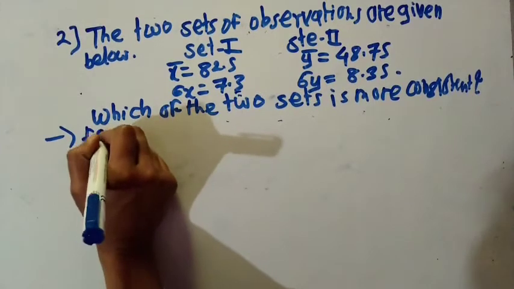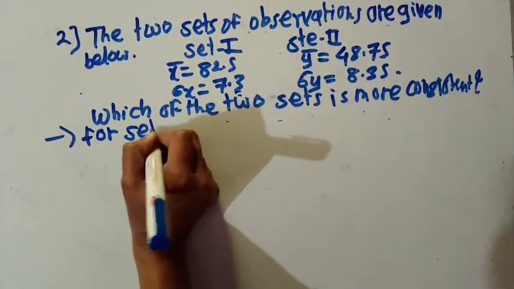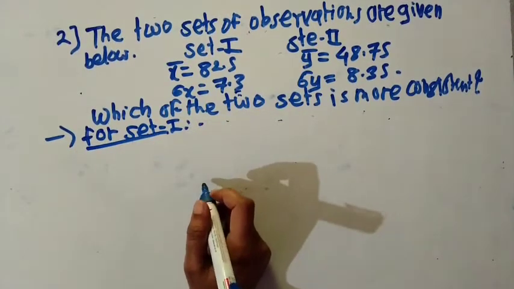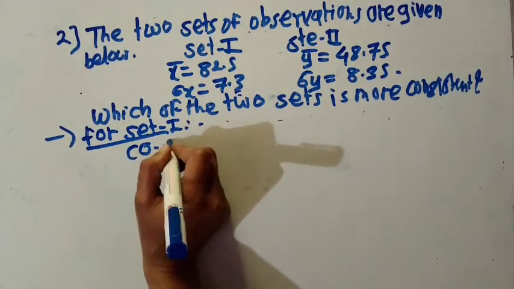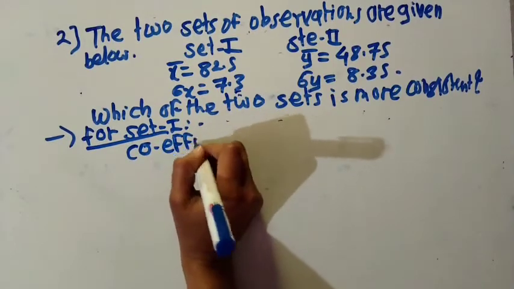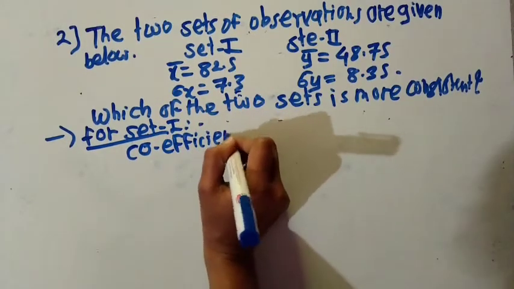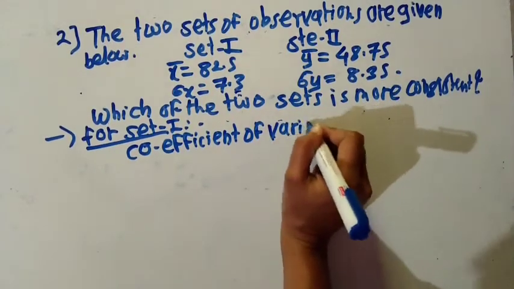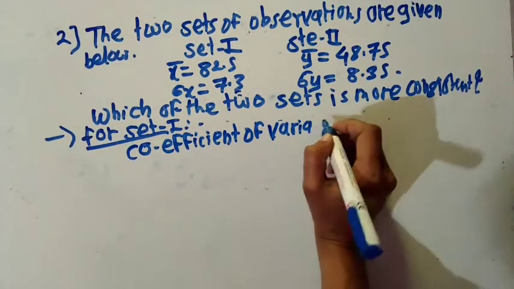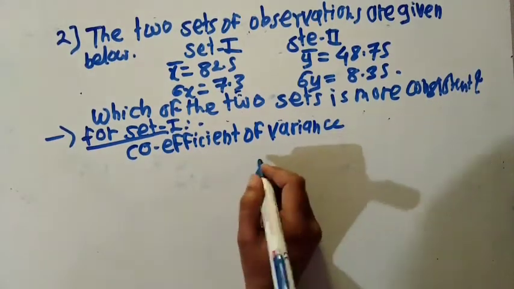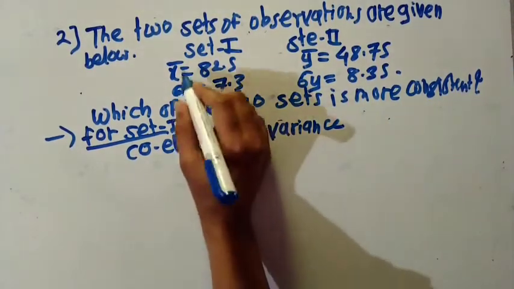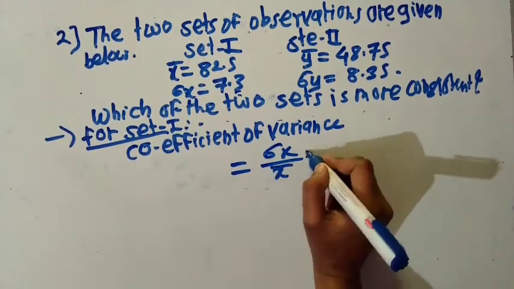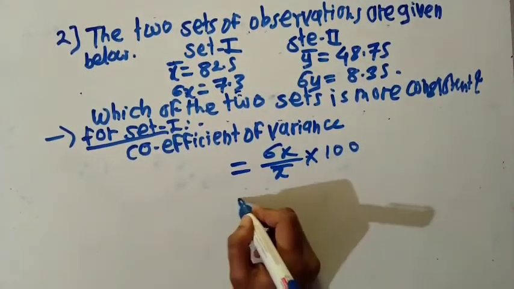Then first for set 1, coefficient of variance is equal to sigma x, the standard deviation, upon x bar into 100.